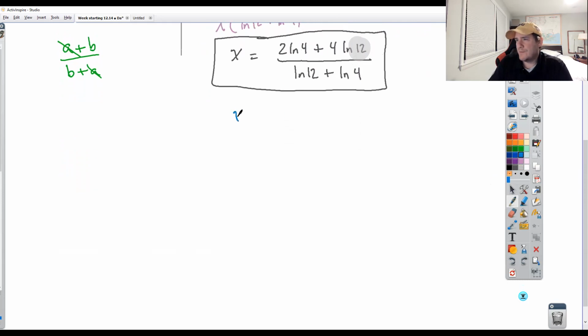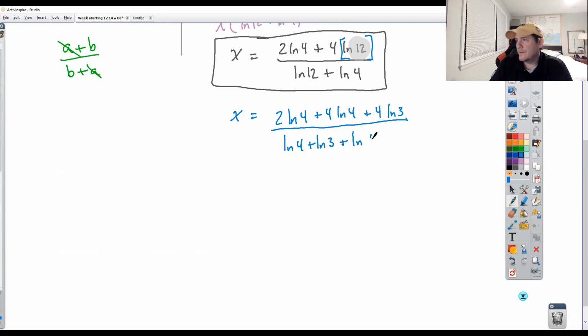So what am I saying? I'm saying that this is 2 ln's of 4. This 4 ln of 12 is really 4 ln's of 4 plus ln's of 3. So I have 4 ln 4's plus 4 ln 3's. So these will combine to just become 6 ln's of 4. And so there's some value in doing that. So this also is an ln of 4 plus an ln of 3 plus an ln of 4.